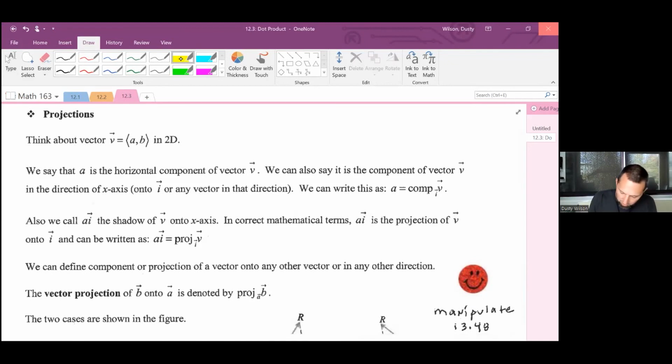Just to be clear, this top one, A equal to the component of V in the direction of I, is a scalar. And A times I equal to the projection of V onto I is a vector.